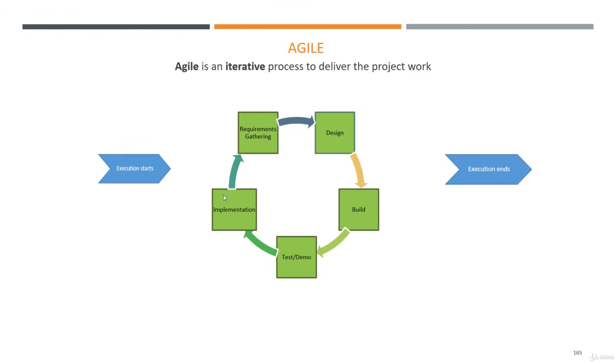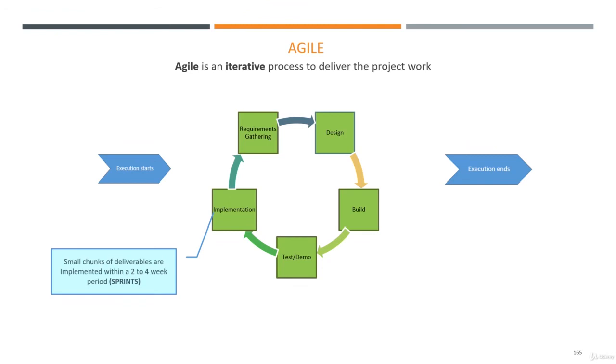So let's say we arrive in a second loop here, and the business wants to change something, or they have something else in mind and they want to add it. So we do another bit of design, and we do another build, and we do another test and demo, and then we implement again. The rule book says every 2 to 4 weeks, but it can be any length of time if you like, though usually quite close to each other.